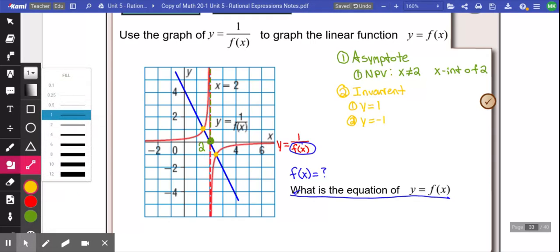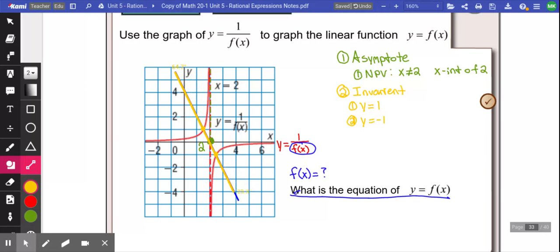Let me go up a little bit. Through those 3 points that I have. So I can go through that x-intercept, which was my asymptote, and I can go through my 2 invariant points to create that yellow line that I have right there.